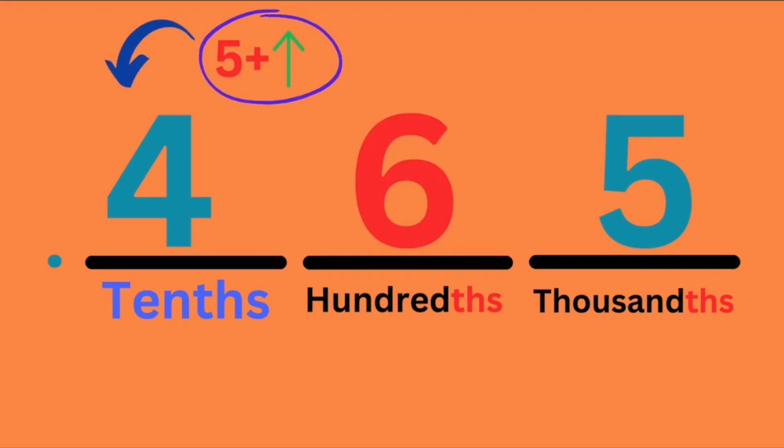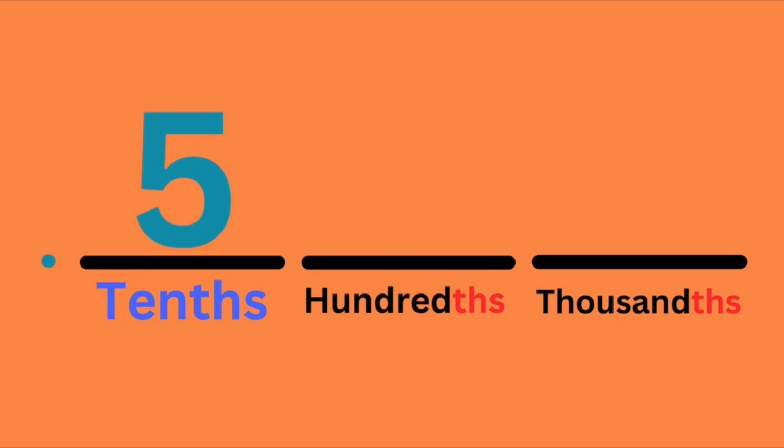And so because 6 is greater than 5, we would round the number up. So it would be 0.5. 0.5 would be our answer, or you could write 0.500. Either way, it's the same thing, so it's totally up to you.